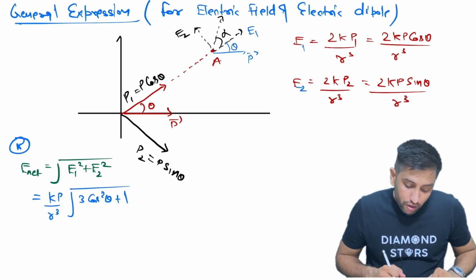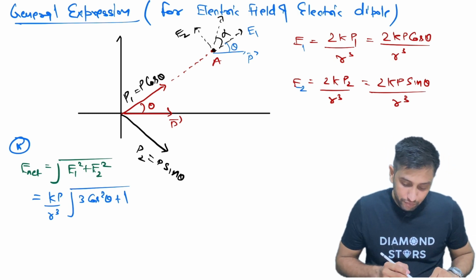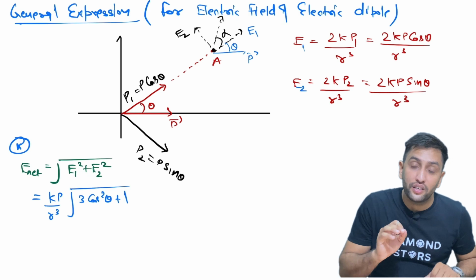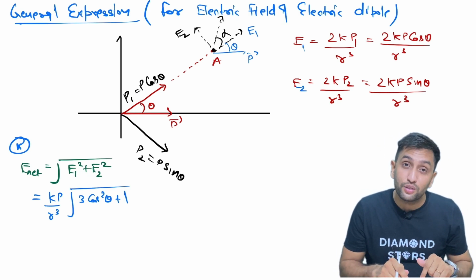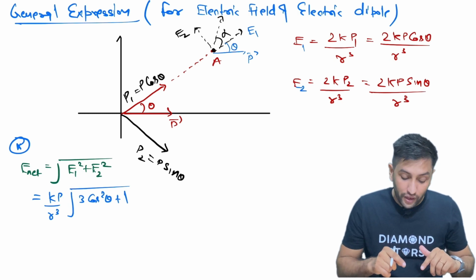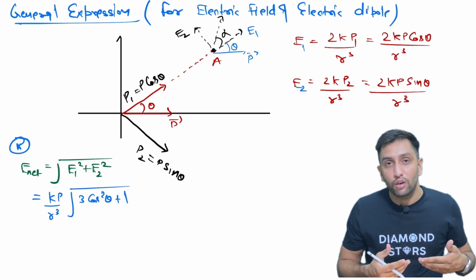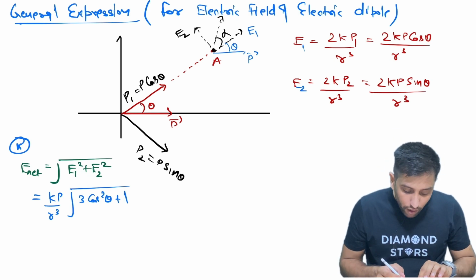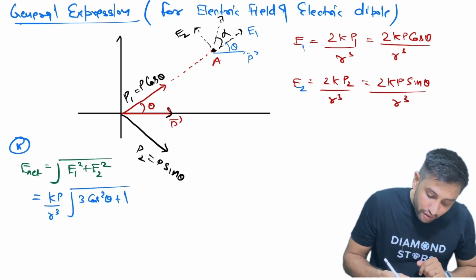Now you are very familiar with this diagram where you are taking the general point here. I am discussing the general point now. This is not the equatorial point, this is not the axial point, but from this general expression you can find the result for the axial point and the equatorial point. So now I am taking a p vector here, but the point is here.